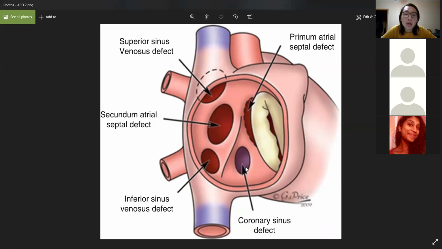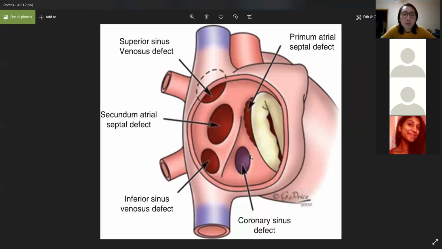And this is the fifth type of your ASD, unroofed coronary sinus defect. This accounts for less than 1%. Now I need to explain why it is called unroofed, and also why it is called coronary sinus.